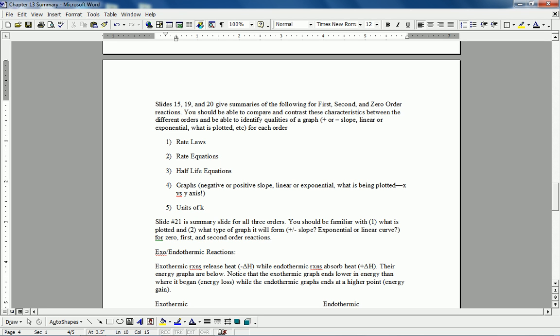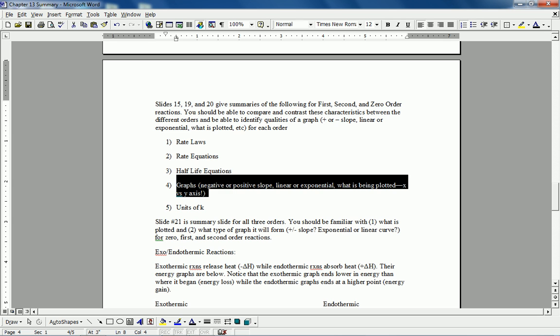The exponent was 2, it's second order. But sometimes you won't have a data set. You'll have a graph. And you look at the shape of the graph and whether the slope is negative or positive, linear, which means a straight line, or exponential, which means curved, and then, of course, you look to see what is being plotted.